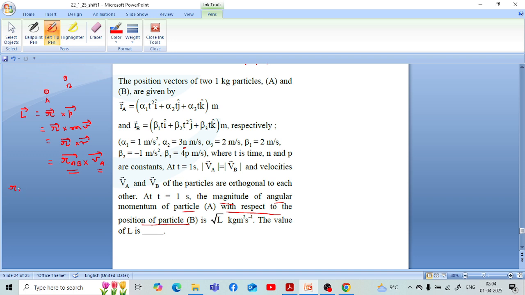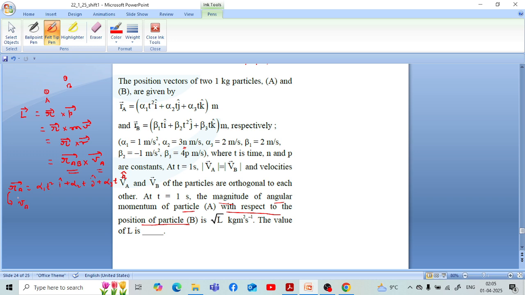First of all, Ra, the position vector of A, is given by alpha 1 t square i cap plus alpha 2 t j cap plus alpha 3 t k cap. From this equation we can calculate the velocity by differentiating.